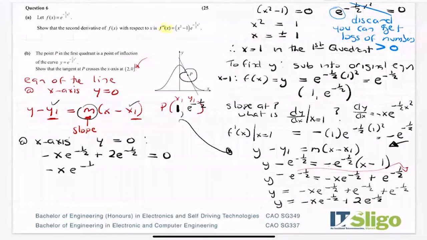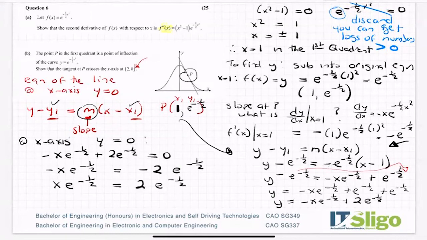Minus x e to the minus a half equals minus 2e to the minus a half. Okay, change the signs all the way across because I want to solve for plus x. Divide by the number in front of x. So I'm getting x is equal to 2.